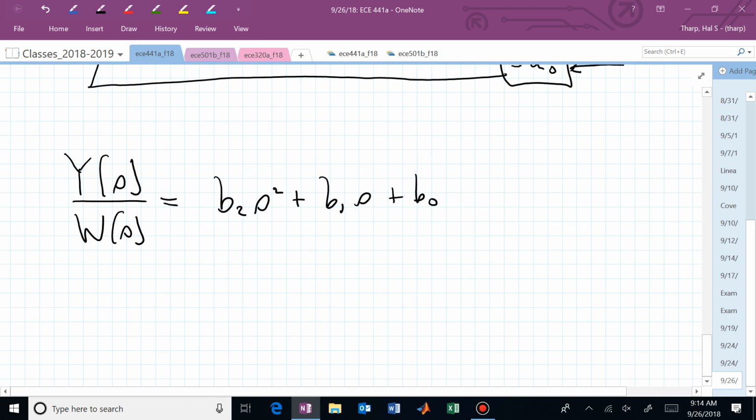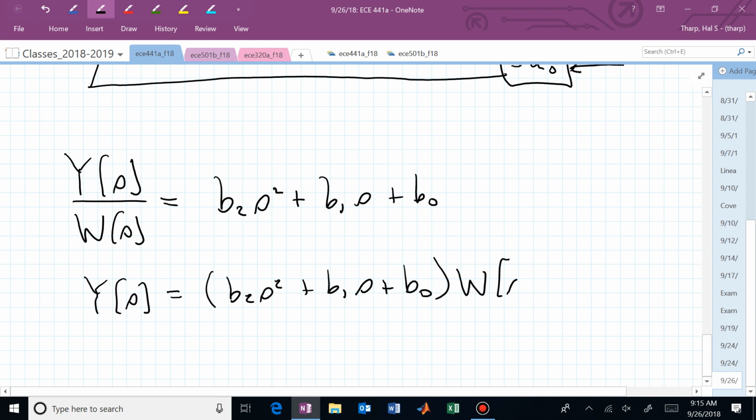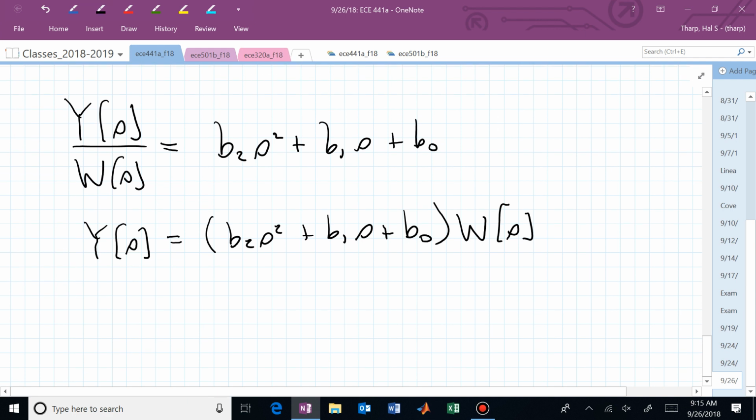If we multiply both sides by W of s, now I hope you can see how in the time domain our output is related to a combination of derivatives of w of t.